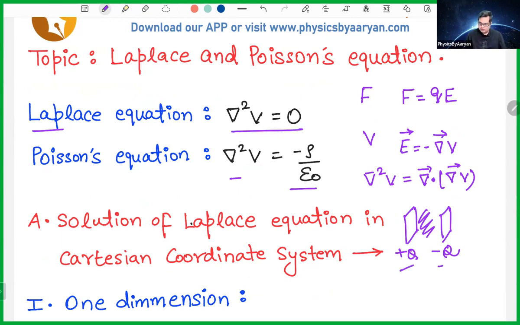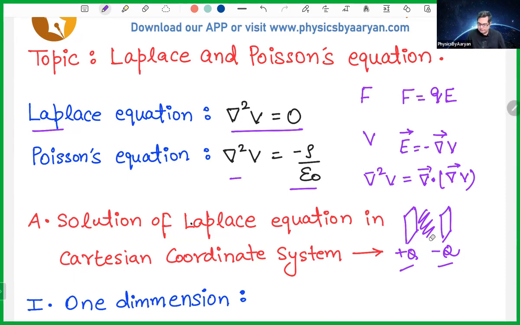And these two plates will act as boundary conditions. Within these two boundaries, I do not have any charge, so I will use Laplace equation. Here I have some charge, here I have some potential. These are my boundaries, but between my boundaries, there is no charge. So we directly use Laplace equation.